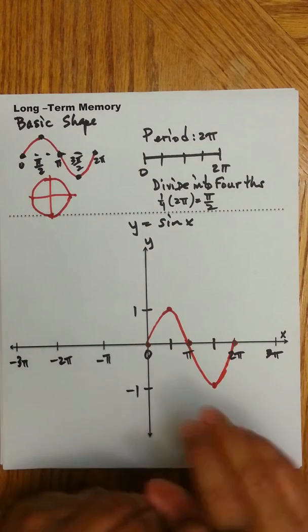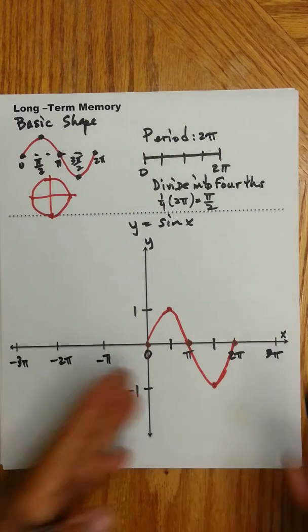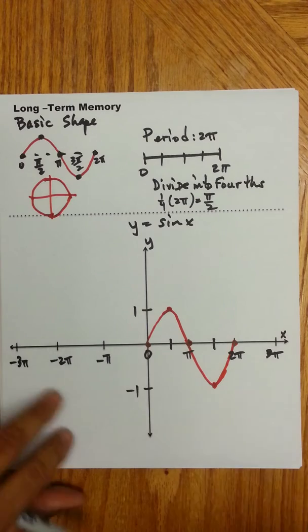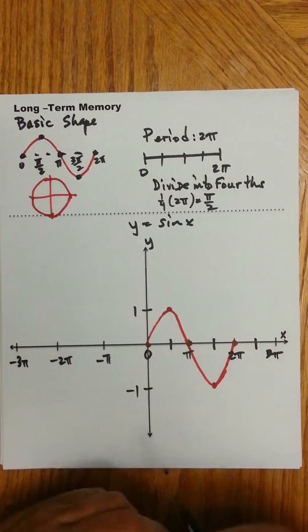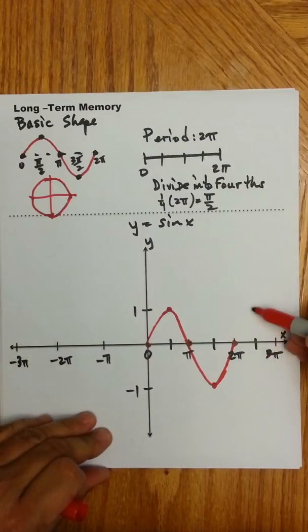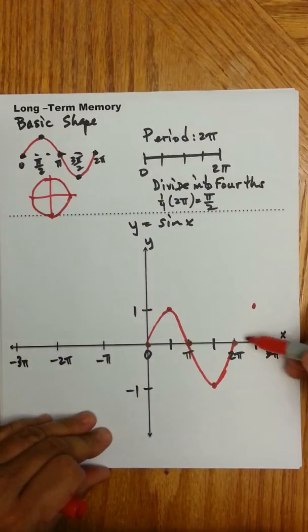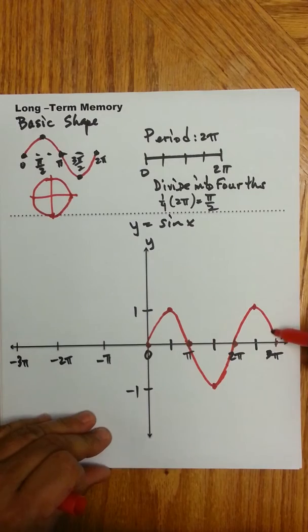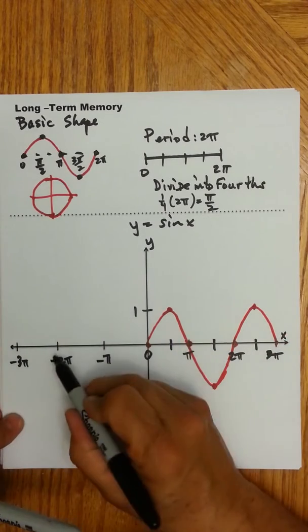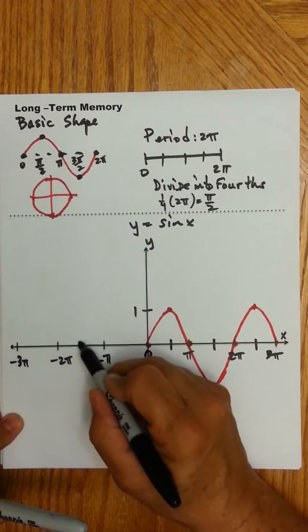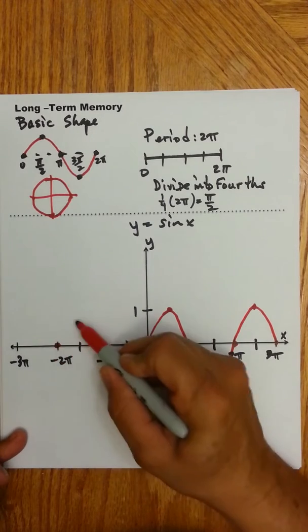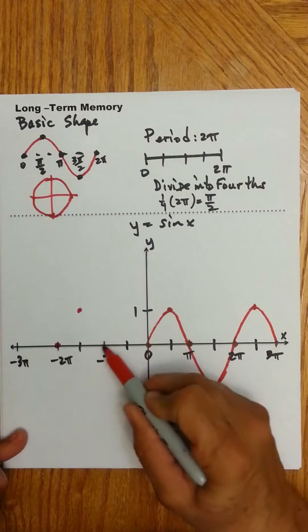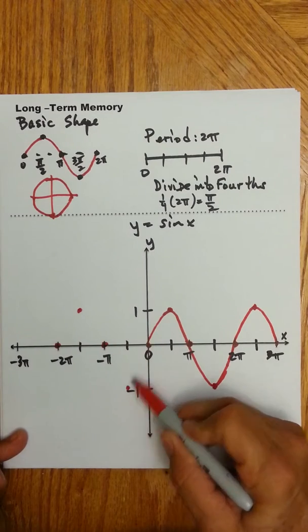After that, you're basically taking every other distance of 2 pi and dividing into fourths. So here, if I divided that into fourths, I would really have to keep going, but what I would find is the beginning of a wave. So I come up to here, and so I'd have this. And then I can do the same thing over here, divide this period into 4 parts, go up to 1, come back to the axis, go to the min, go back to the axis.